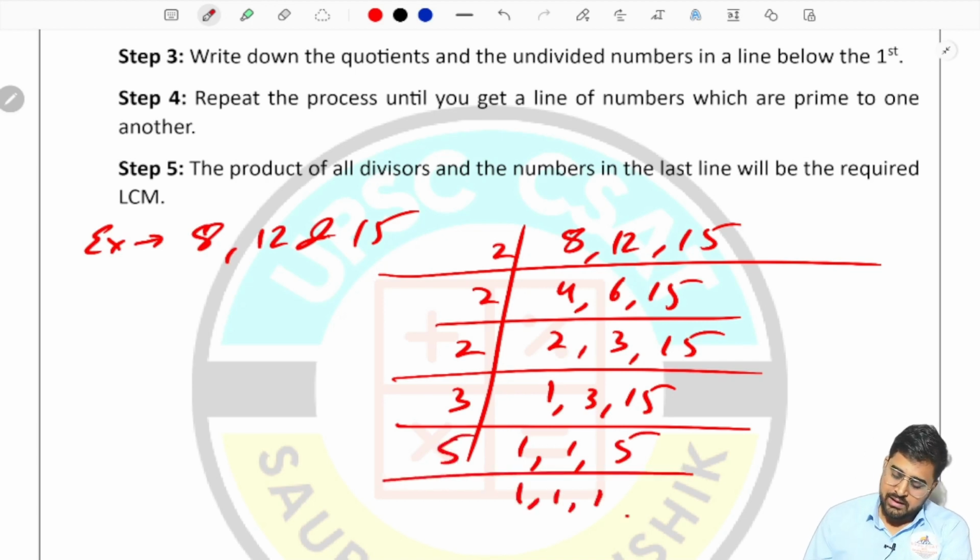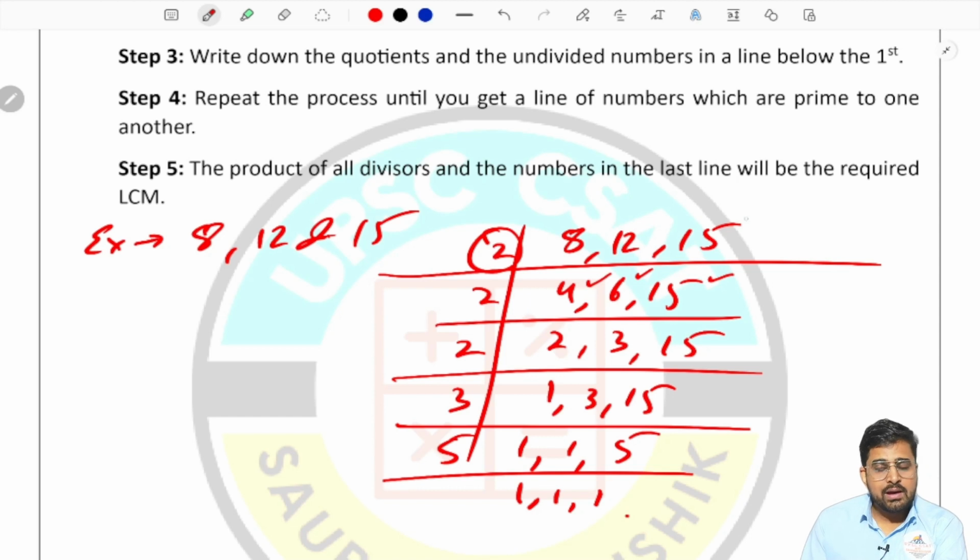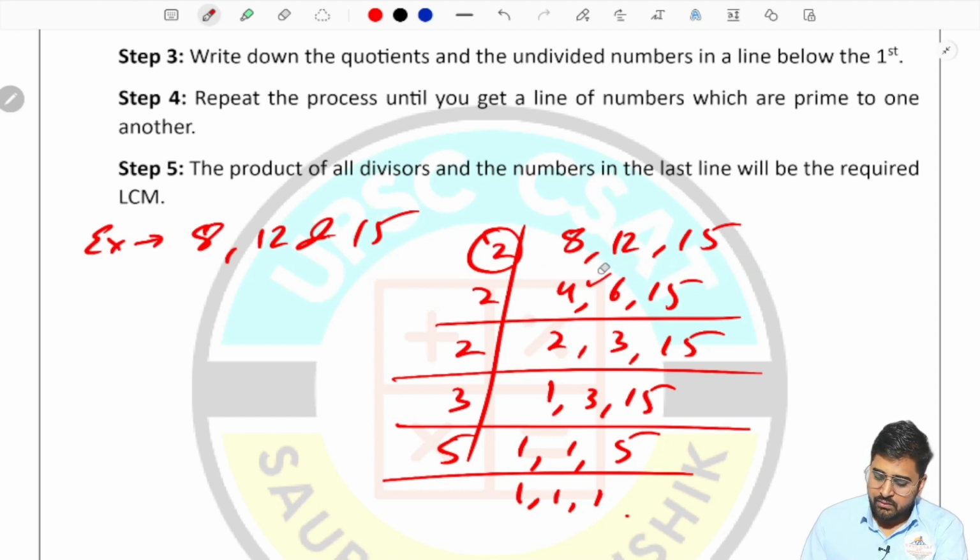Here what we have to do is, if a number is divisible by the minimum prime, we take the least common one. So if a number is divisible by 2, then we will divide, otherwise we will put it in its original form, until no number can be divided. Here, 15 is divisible by 3, so we divide it and keep the others as they are.